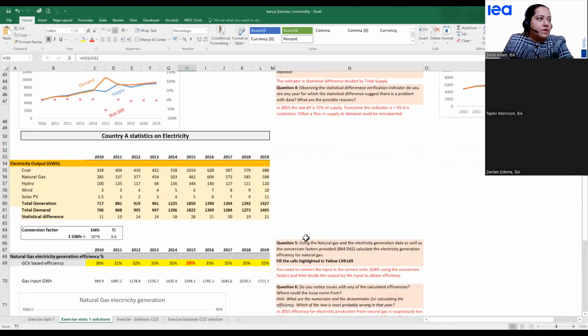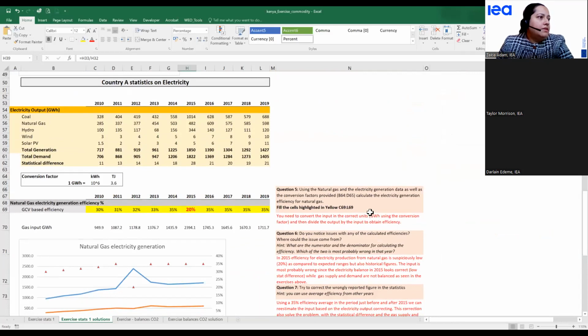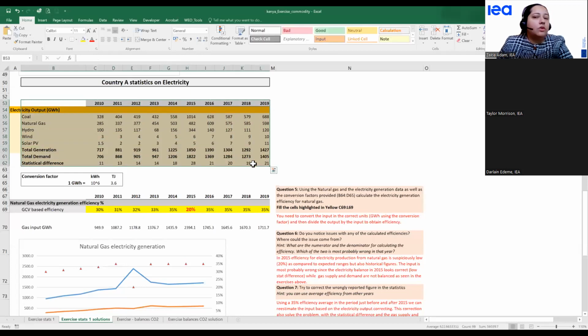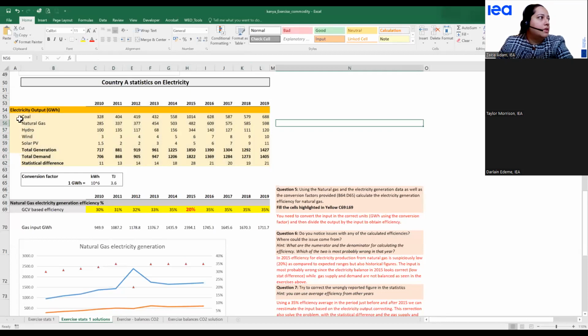Let's go to the next question, where we will dig more into the consequences of those. So using the natural gas and electricity generation data, now you have for the same country your electricity generation from the different fuels. So how much electricity is produced from coal, from natural gas, you have your total generation and everything.